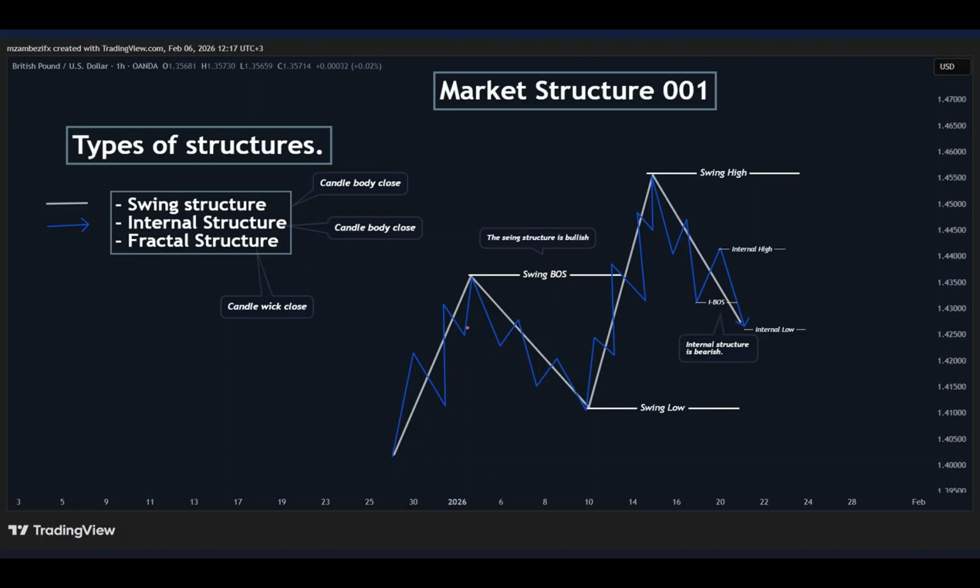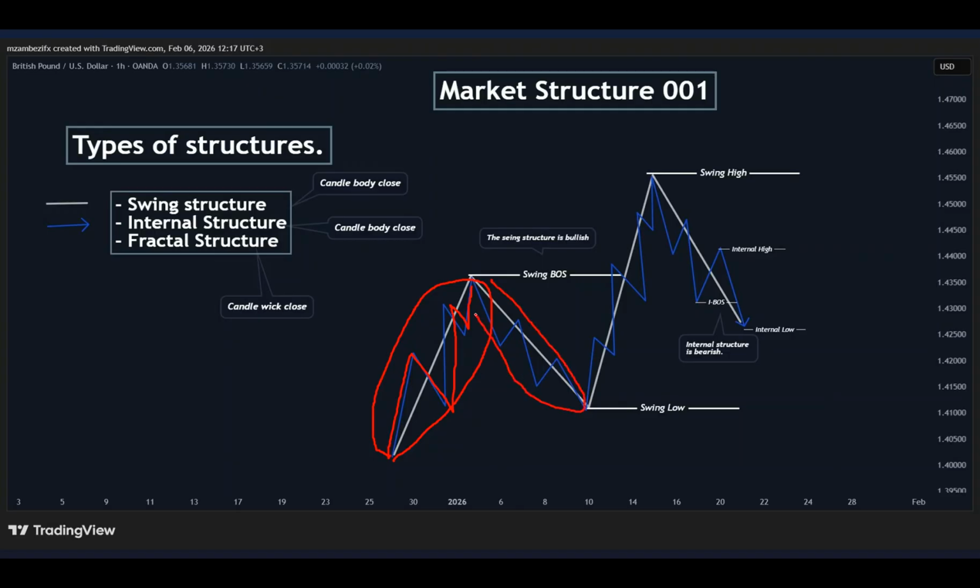Now, if you look at this one right here, the white one is the swing structure. The blue one is the internal structure. In the internal, you see that price is forming uptrend, downtrend, uptrend, downtrend. Then price is pulling back.